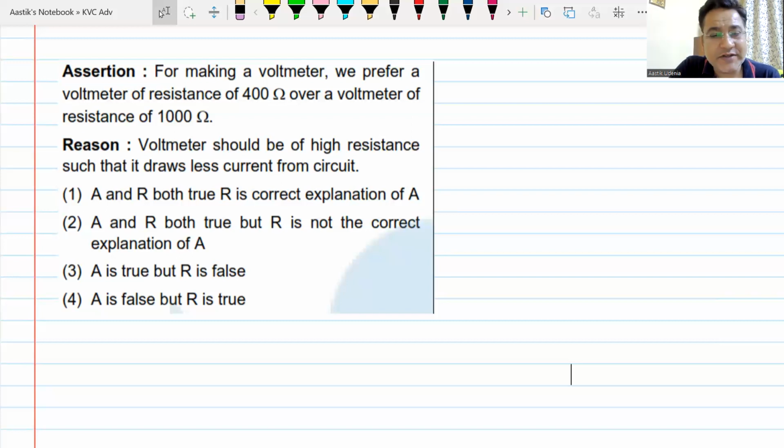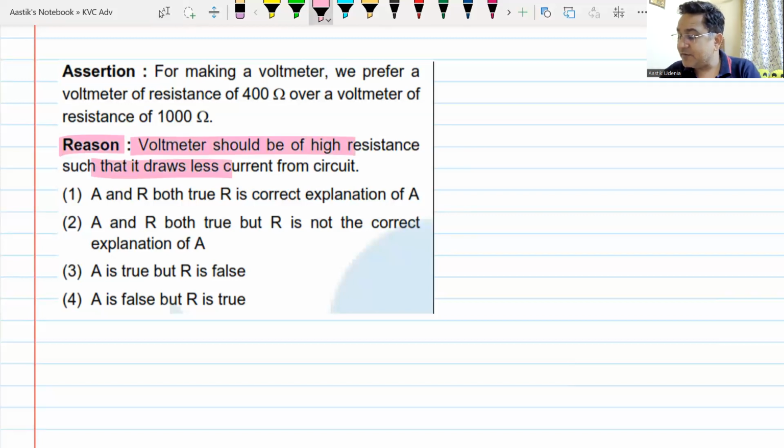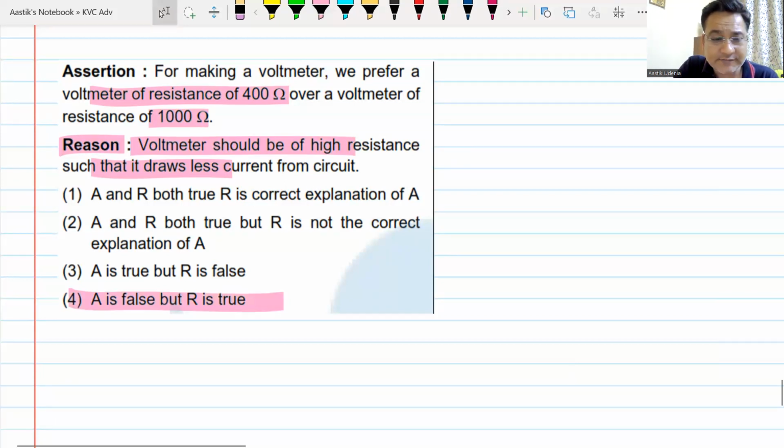For an ideal voltmeter, the resistance should be as high as possible so that it draws less current. Therefore, this statement is the correct explanation. For making a voltmeter, we prefer a resistance of 1000 ohms over 100 ohms. Higher the resistance, the better the voltmeter is. The option is option 4. A is false. R is true.